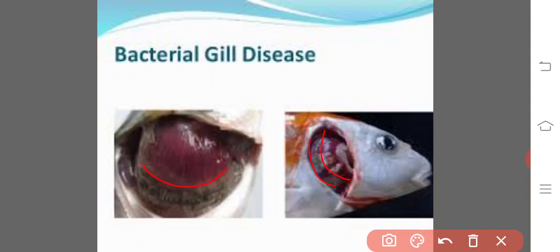Fish become pale in color and lethargic. The disease causes hyperplasia of gill epithelium. And what are the control measures? It is transmitted through water from infected fish. It can be treated with 1 to 2 ppm of timson or 1 ppm of copper sulfate. Prophylactic measures are to be taken.